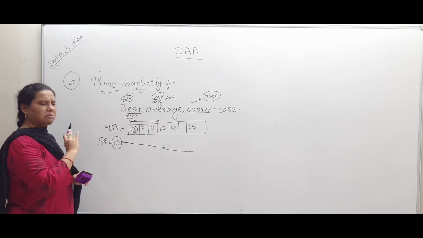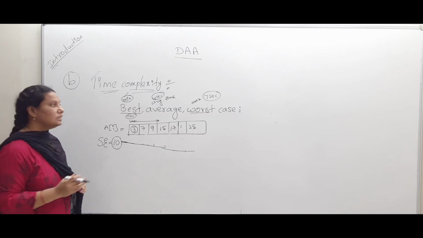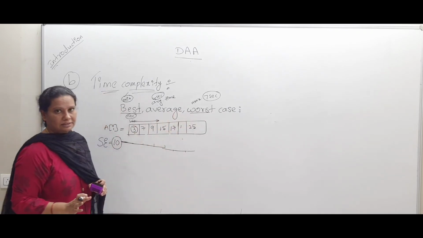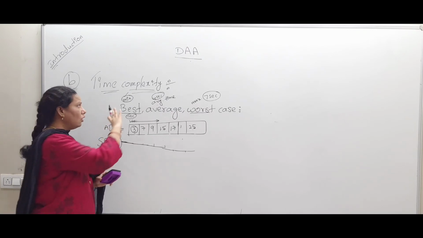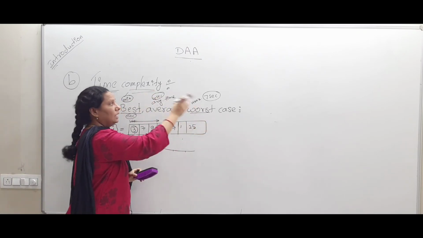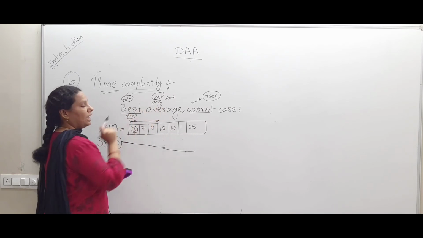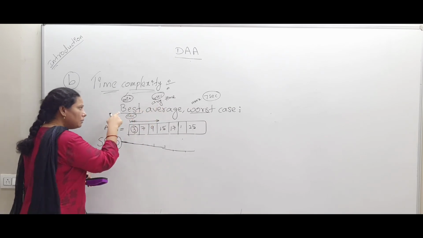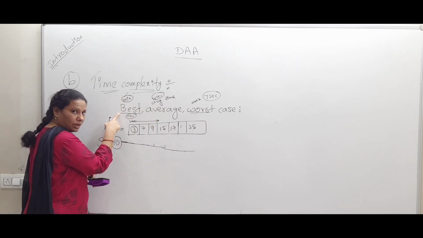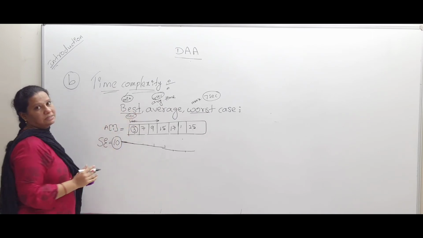So it has taken the maximum time. That is called as the worst case. अगर एवरेज टाइम नॉर मिनिमम नॉर मैक्सिमम अगर बीच में आया तो उसको बोलते हैं एवरेज टाइम. अगर मिनिमम टाइम में हमारा एग्जीक्यूशन हो गया तो उसको बोलते हैं बेस्ट केस.